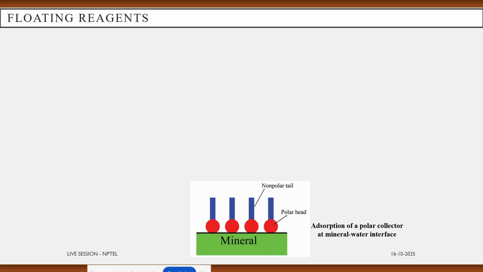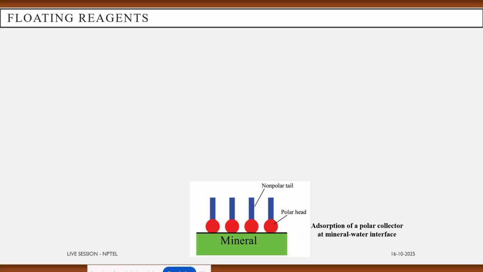So we are going to discuss the flotation reagents. Flotation reagents are used to modify the surface property of the minerals to make them more suitable for the flotation process.